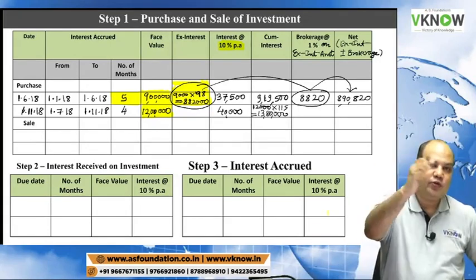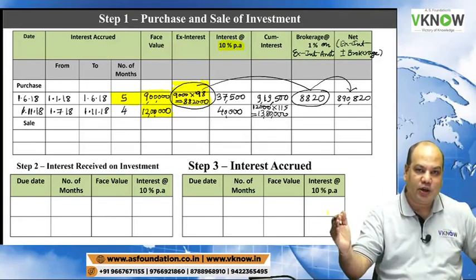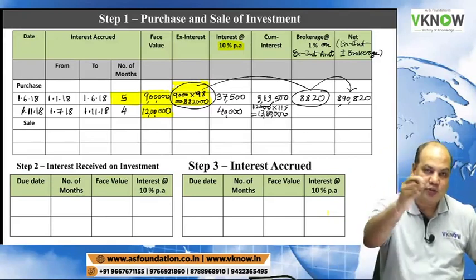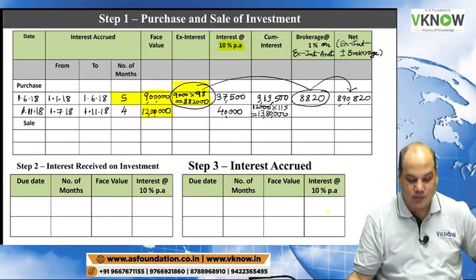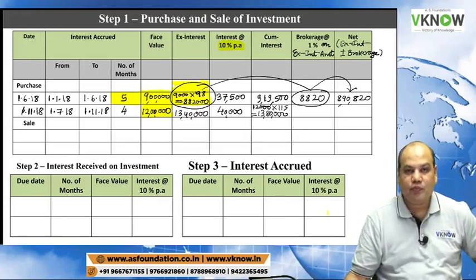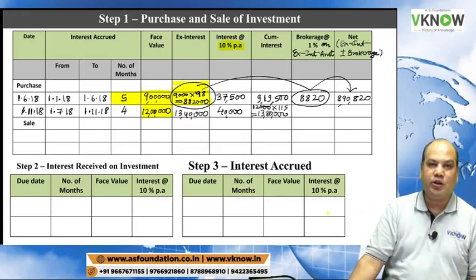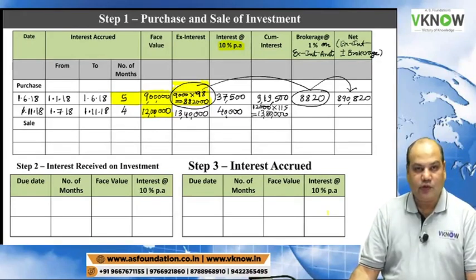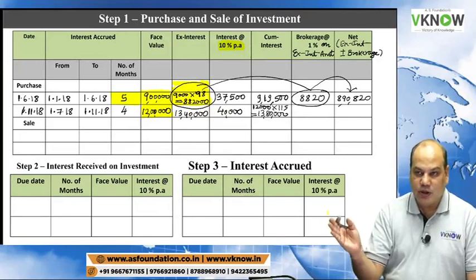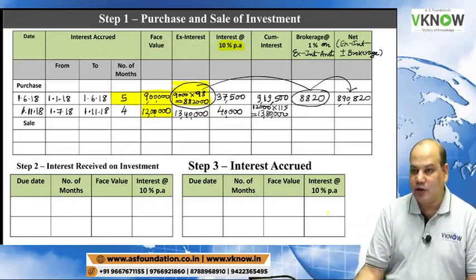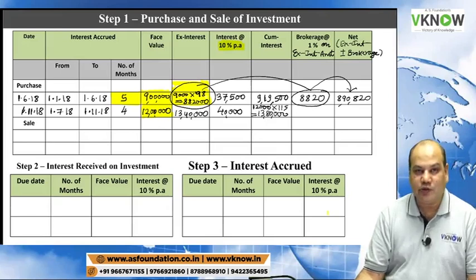Do the reverse working. 13,80,000 cum interest minus interest 40,000 is equal to ex interest amount. So the ex interest amount will be 13 lakh 40,000. Cum interest minus interest is ex interest. Okay, be present every day and revise, then you'll understand.